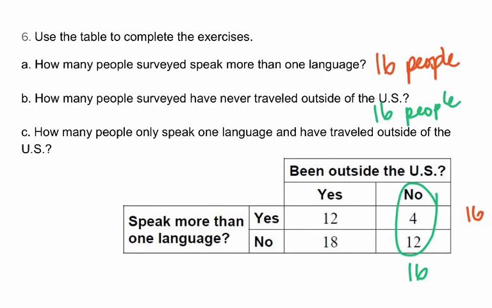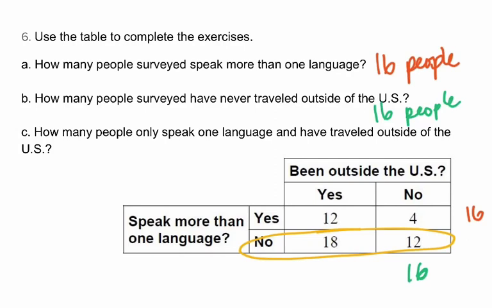And then lastly, how many people only speak one language and have traveled outside the U.S.? So answering this question, do you speak more than one language? You would have to say no, because that means you only speak one language, correct?